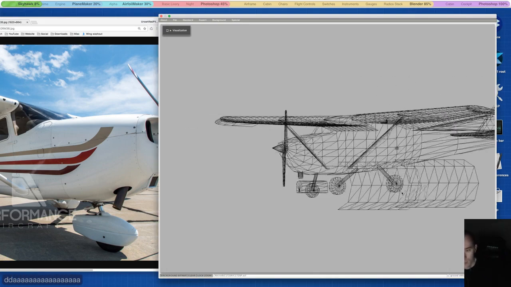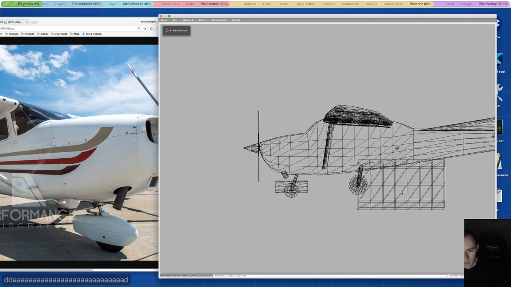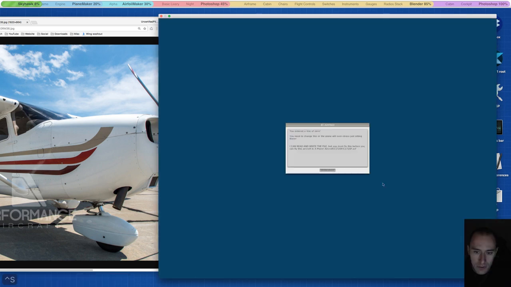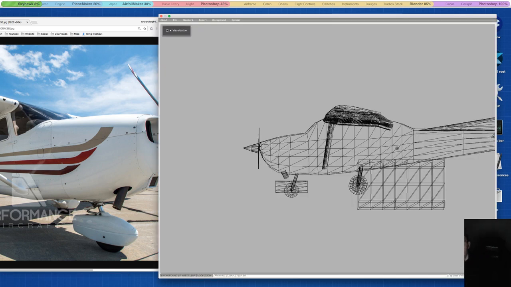Now let's do the longitudinal bit. Let's save this one as well. Height seems to be okay.